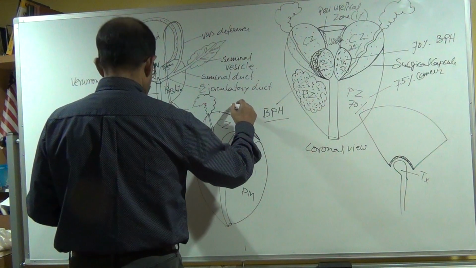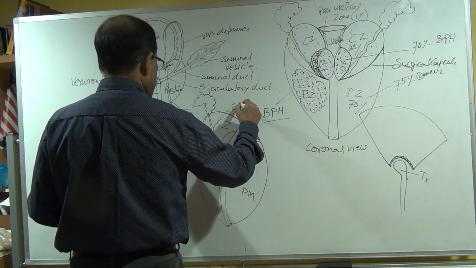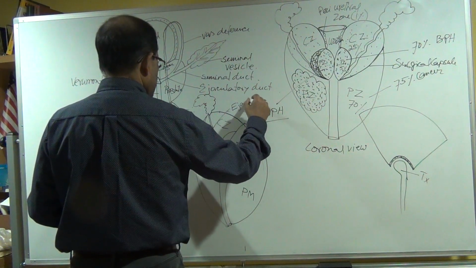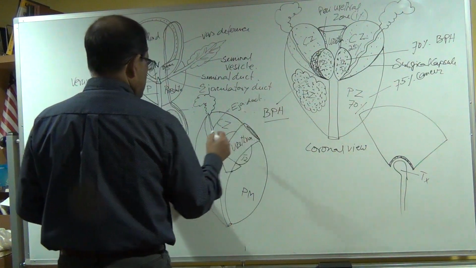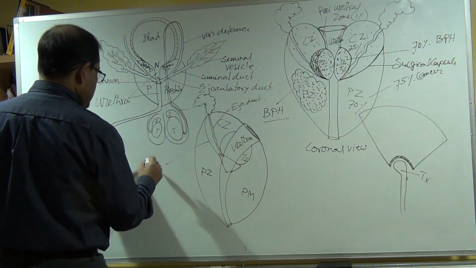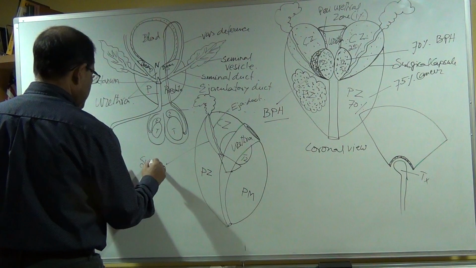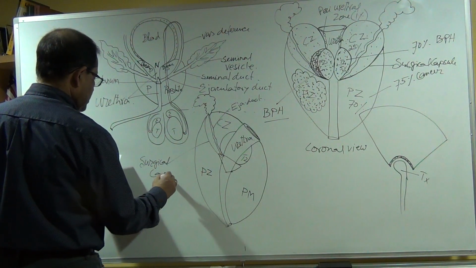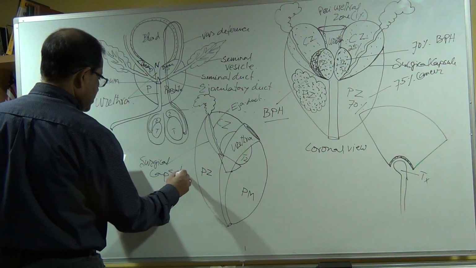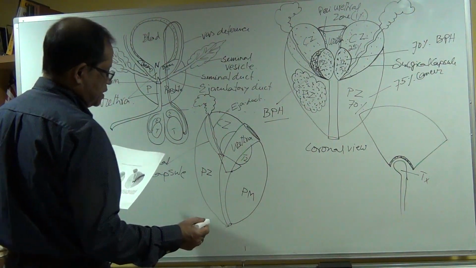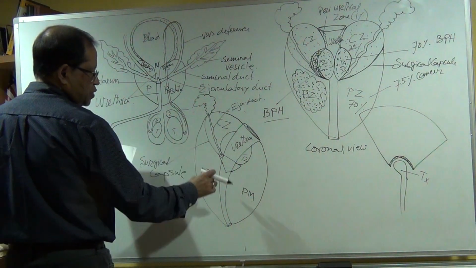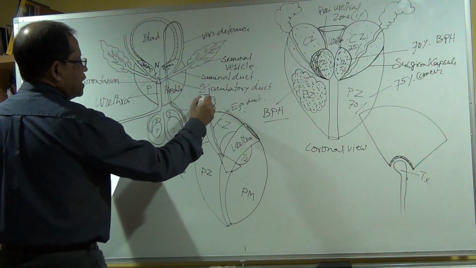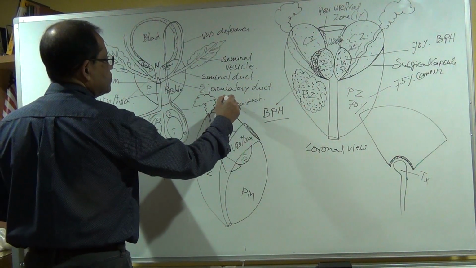This is the ejaculatory duct. This is the surgical capsule, because the surgical capsule helps the surgeon to understand which zone it is. And this is the seminal vesicle.